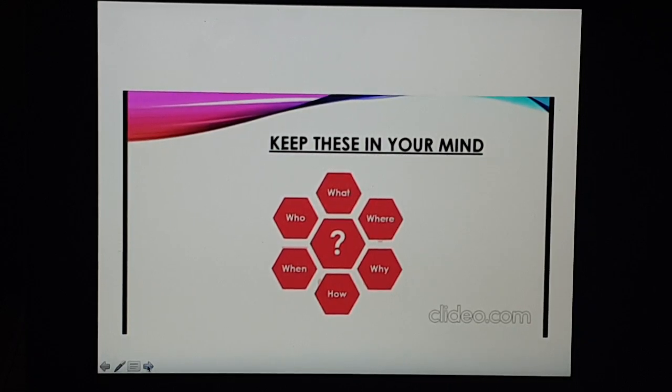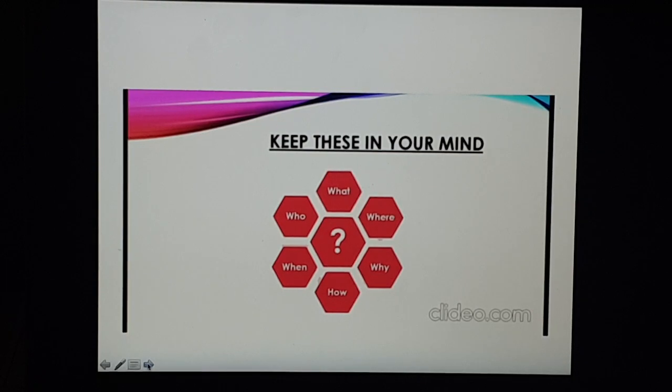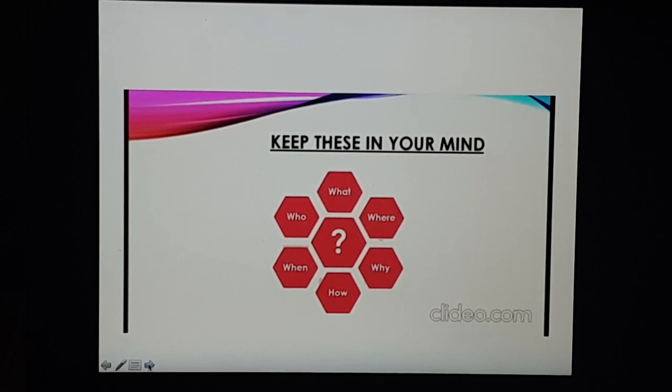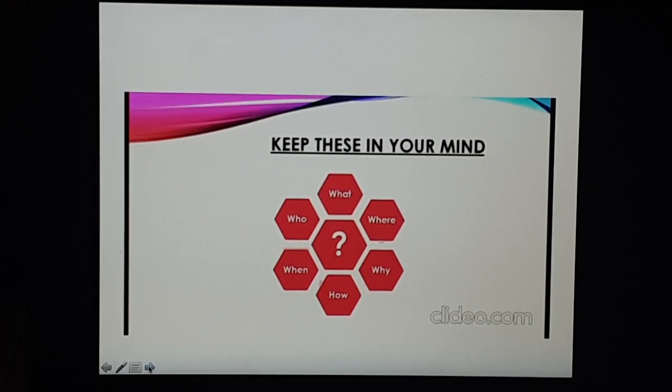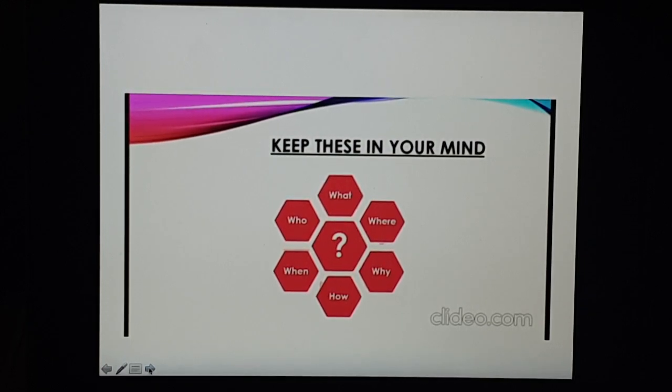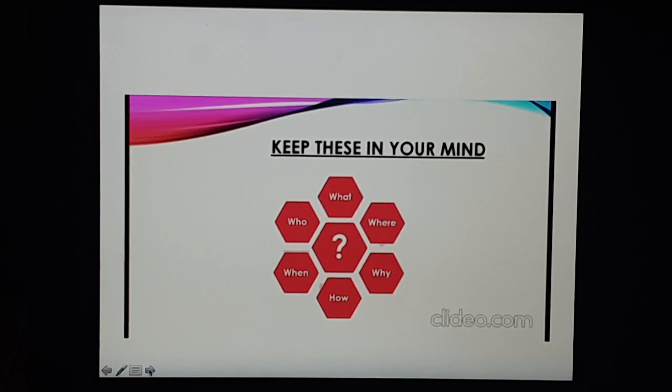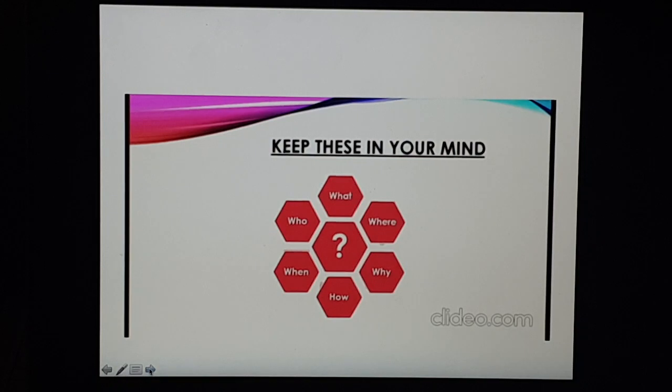So you have to keep all these words in mind, what, where, why, when. They all comprise the elements of the story.